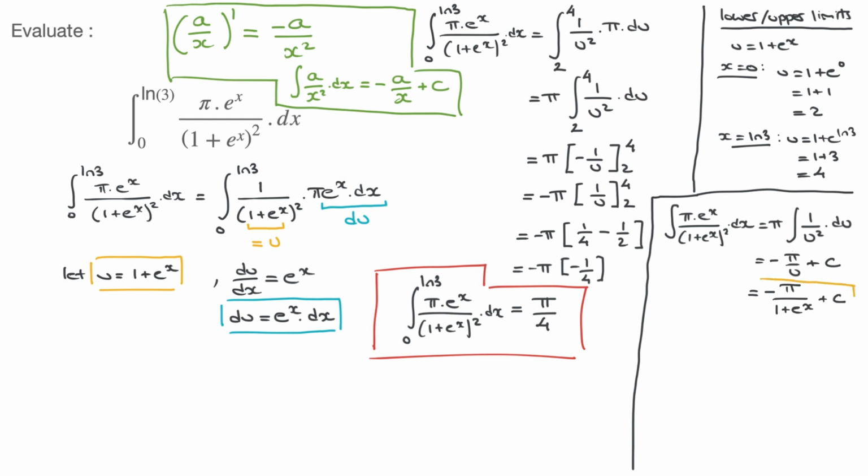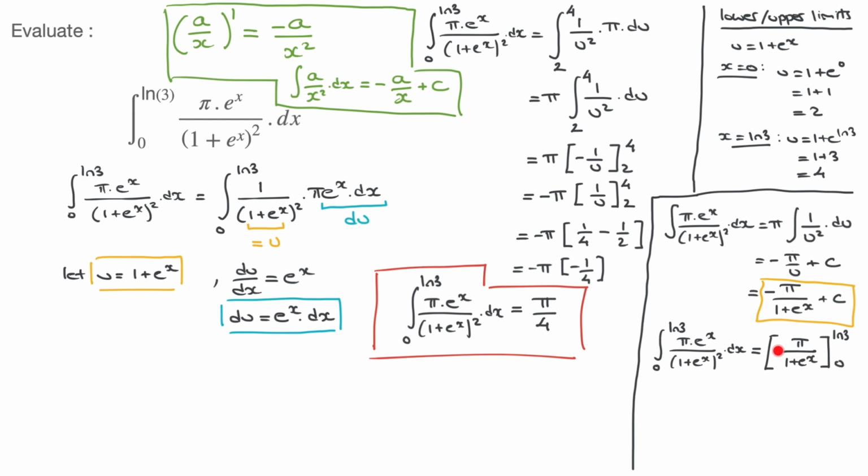And I'll go ahead and box that result. This is the antiderivative of pi times e of x over 1 plus e of x squared. And so using that result, we can evaluate the definite integral from 0 to ln of 3 of pi times e of x over 1 plus e of x squared by stating that that must equal, in square brackets, the antiderivative we just found, ignoring the constant c, so that would be negative pi over 1 plus e of x, evaluated at the upper limit ln of 3, minus its value at the lower limit 0.